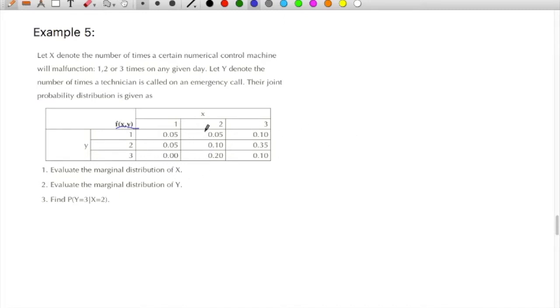But how do we obtain these values? Let's take an example. Suppose you take an observation 1000 times. For x, the number of times the machine malfunctions: once, twice, thrice. The operator is called on emergency 1, 2, 3 times.